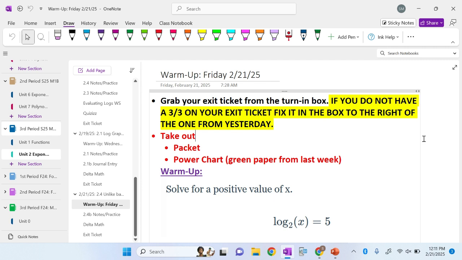So first hit is where? The 3, right? Where's my second hit? 2. Equal sign is my third hit. What's my last hit? x. And that's how you use loggy froggy. And if you're going backwards, it's the same thing.